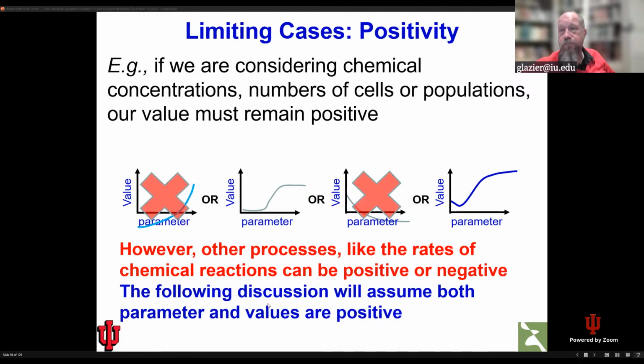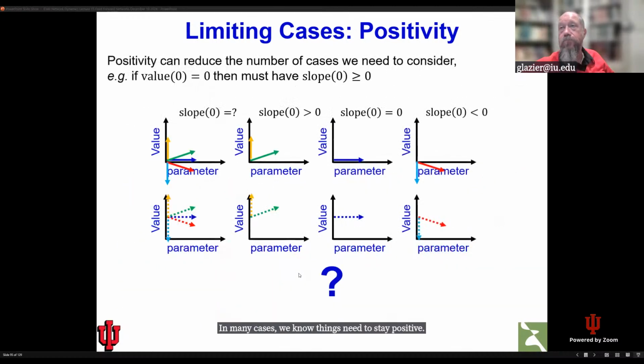And so we shouldn't have divergences, and in many cases, we know things need to stay positive. If we know that things are positive, then it could reduce the number of cases we need to consider.